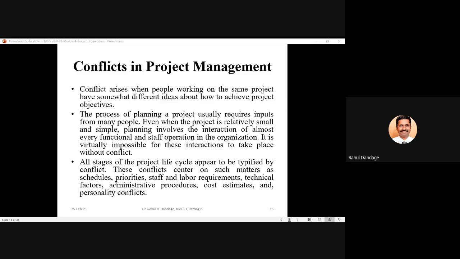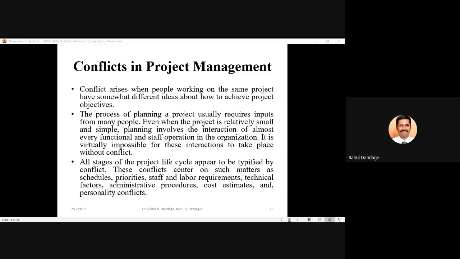In that case, those differences will give birth to conflicts, and when there are conflicts, the sentiments and emotions of the people get hampered, they get damaged, and because of that, the overall team environment will get hampered. Ultimately this is going to affect getting the project effectively completed.